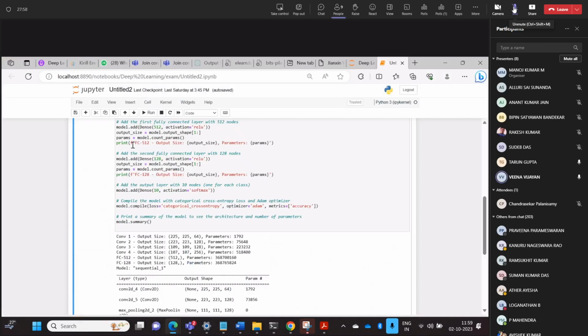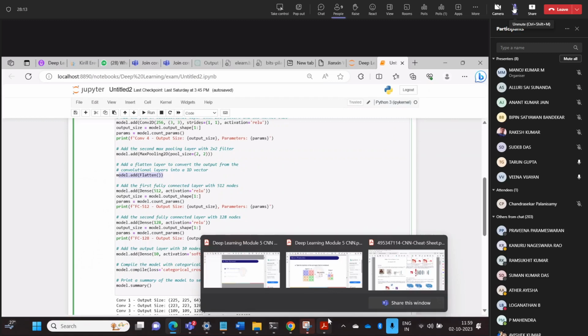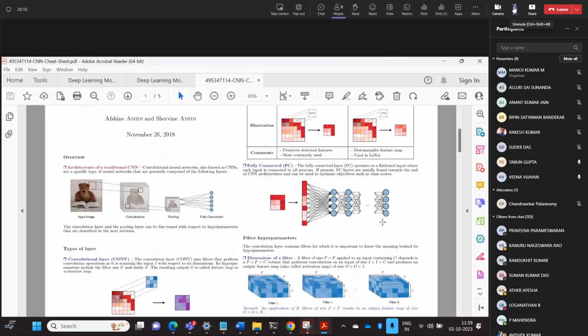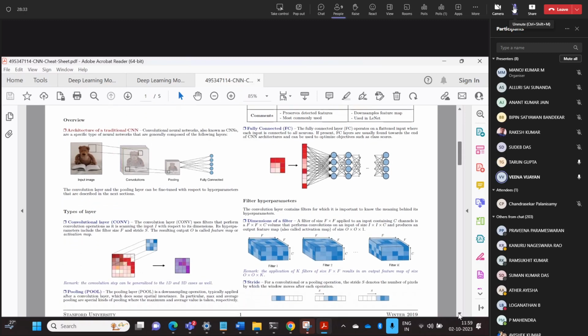We have one step before fully connected to flatten it. And then we are doing the optimization here. In case we want to add any optimization algorithm, we can add it here.